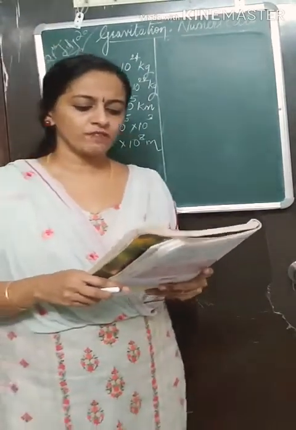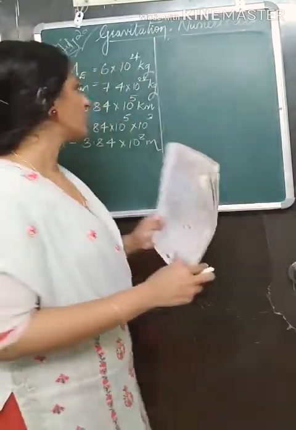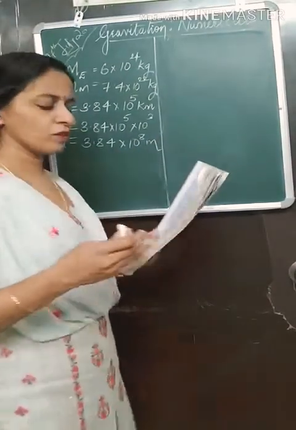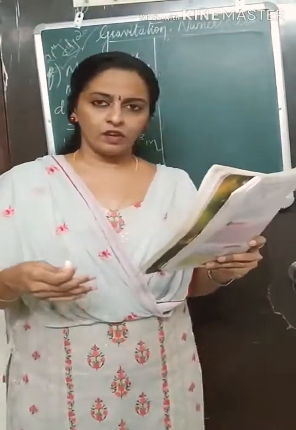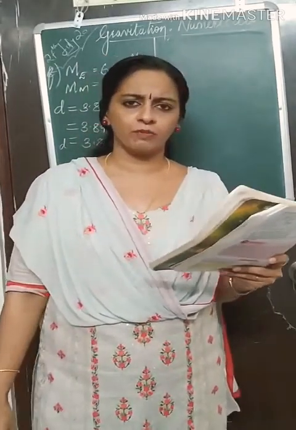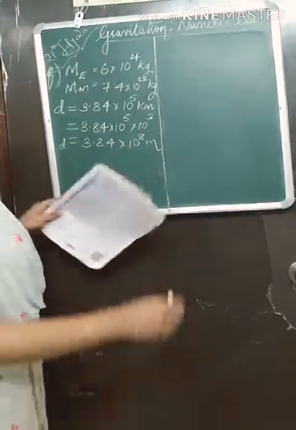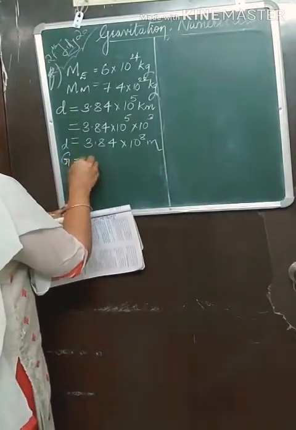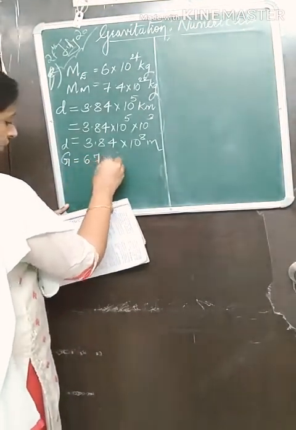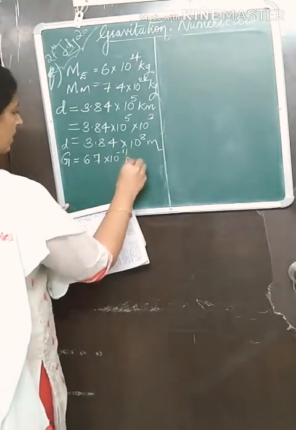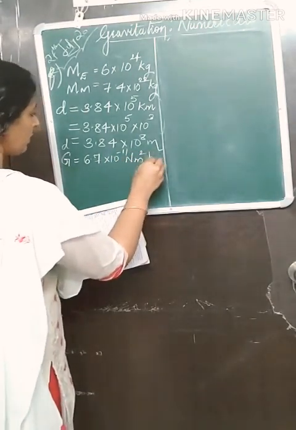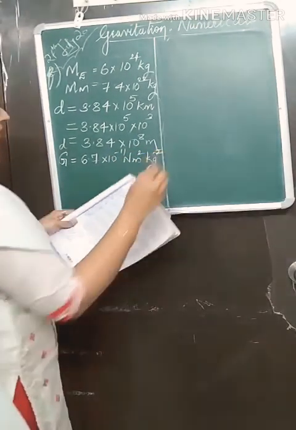Calculate the gravitational force of attraction between the two. So from the universal law of gravitation formula, we can calculate the gravitational force of attraction between the two. G is given as 6.7 into 10 raised to minus 11 newton meter square per kilogram square.